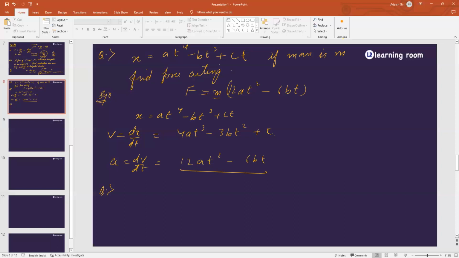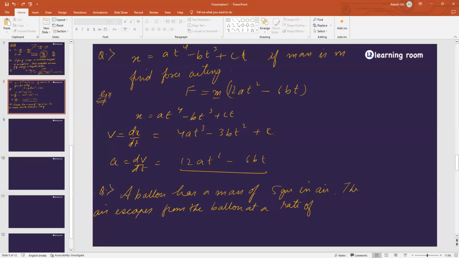The air escapes from the balloon at a rate of 5 centimeter per second.